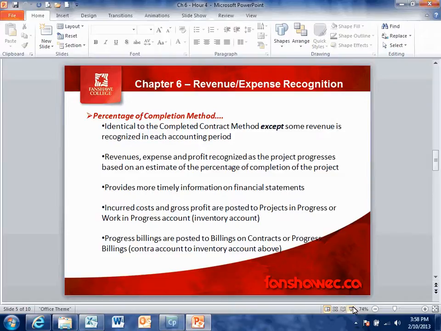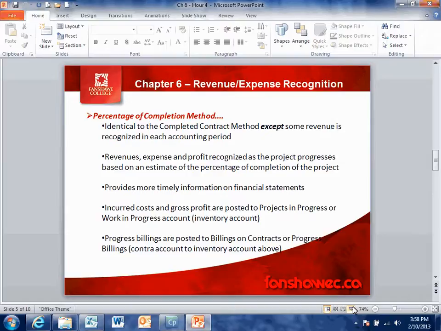Okay, so the core of this model is identical to that of the completed contract. If you remember from the completed contract method, we talked about 3 journal entries we do every year no matter what. We need to recognize the expenses that we've incurred, we need to record the billings we've invoiced to customers, and we need to recognize the payments that they've sent our way.